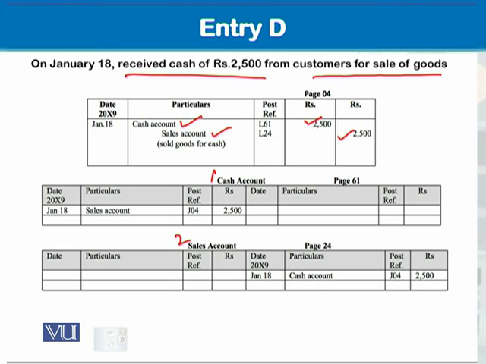Okay. Well, cash is being debited with 2,500. So in the debit side of cash, 2,500 will be placed because of sales. And sales is being credited with 2,500. So in the credit side of sales, 2,500 will be placed and the reason is cash.